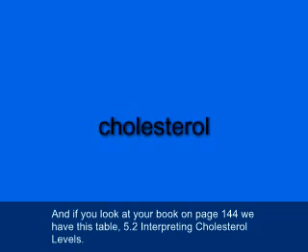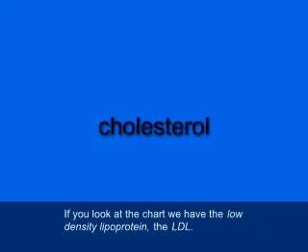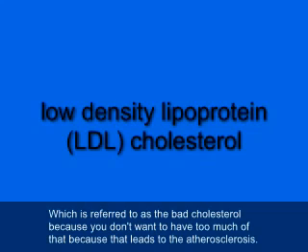If you look at your book on page 144, we have this table 5.2, interpreting cholesterol levels. And this is something that everyone's heard of, but it's very easy to get confused. If you look at the chart, we have the low density lipoprotein, the LDL, which is referred to as the bad cholesterol, because you don't want to have too much of that, because that leads to atherosclerosis.